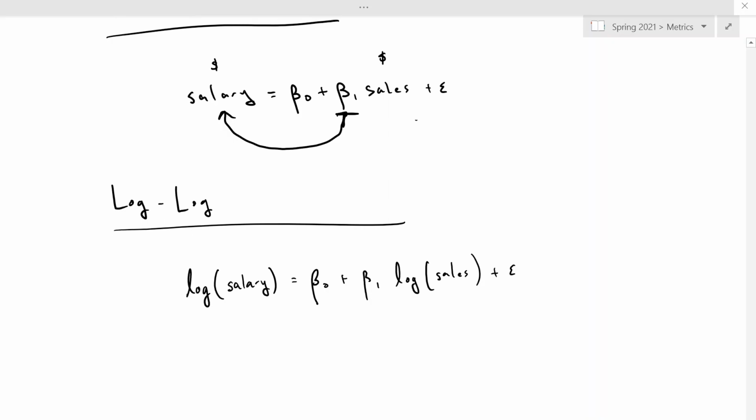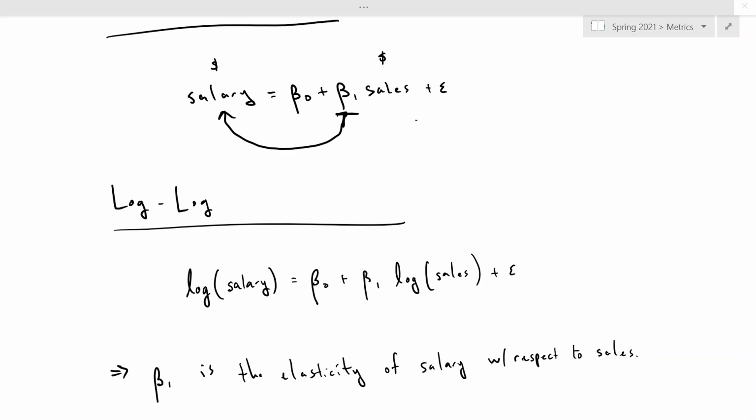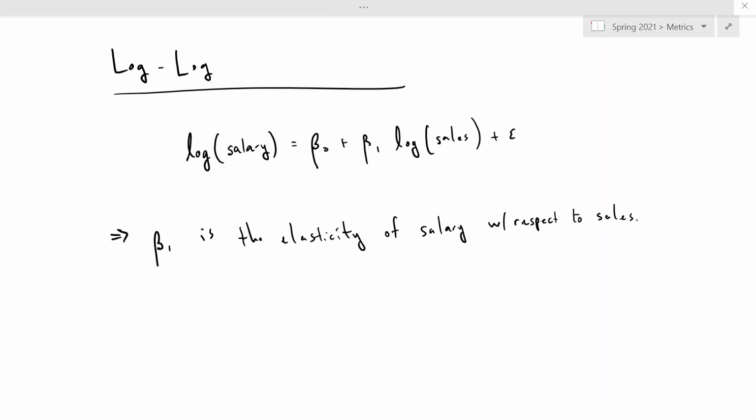When we do that, beta 1 is the elasticity of salary with respect to sales. We'll look at the interpretation, but let's do the interpretation with an example.